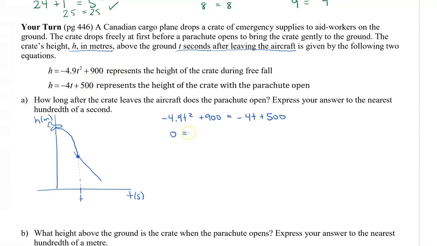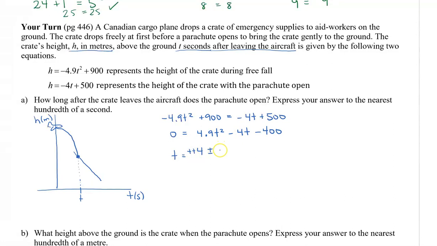Move everything to one side. So we have 0 is equal to positive 4.9 t squared minus 4t. And then move the 900 to the right side, and we get minus 400. Now this one's kind of hard to factor because we do have a decimal. So I'm going to plug it into the quadratic formula. So I have negative b, so I have negative 4. So the negative cancels.